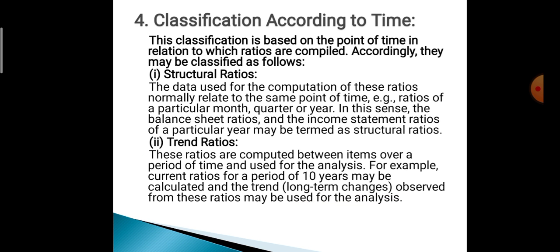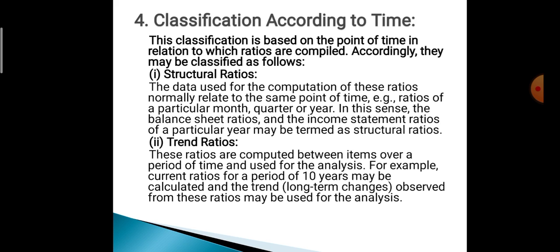Now, coming to the classification on the basis of time. Ratios are classified as structural ratios and trend ratios. Structural ratios are calculated from data that normally relate to the same point of time, for example, ratios of a particular month, quarter or year.